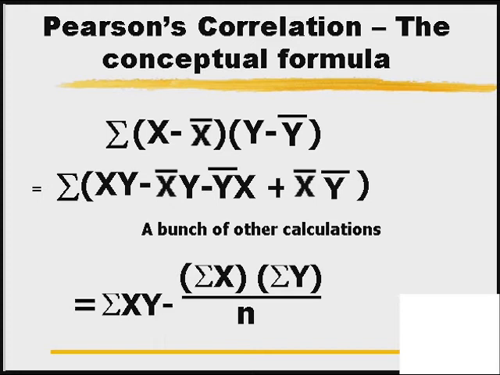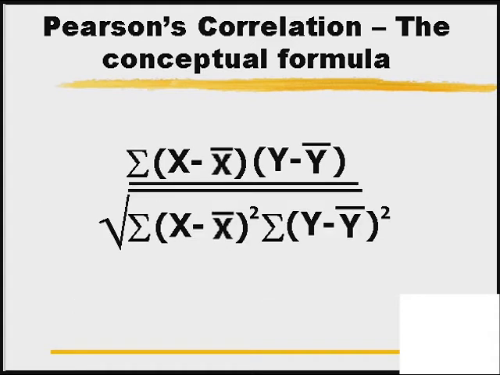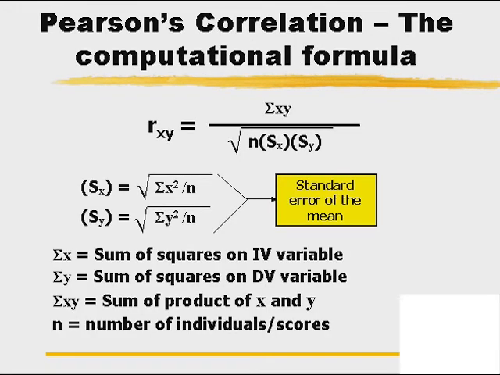Okay, so let's move onward and upward to the actual formula that's used for the calculations for Pearson's correlation. In this instance, what we're looking at is the sum of the product of x and y divided by the square root of the number of people and the sums of squares of the independent variable and the sums of squares of the dependent variable.